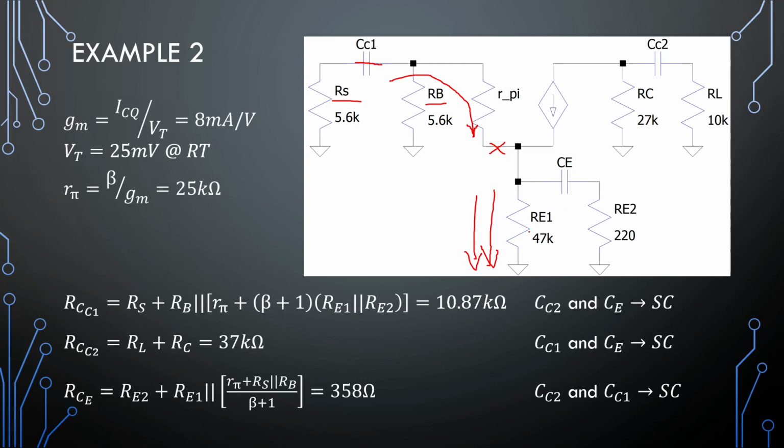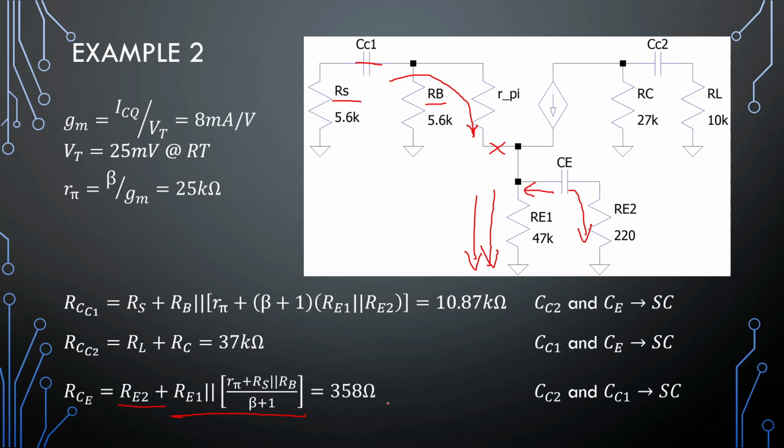So we have RE1 parallel to R pi plus the parallel combination of RS and RB divided by beta plus 1. And that is this one right here. And all we need to remember is that we are looking in both directions from this capacitor, so we need to add RE2. That yields a slightly larger impedance than the previous problem: 358 ohms.